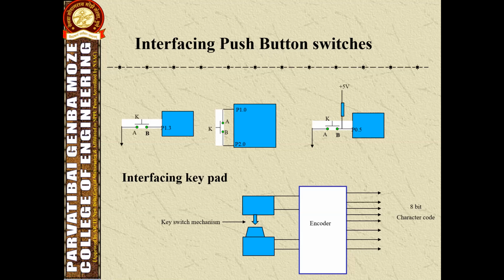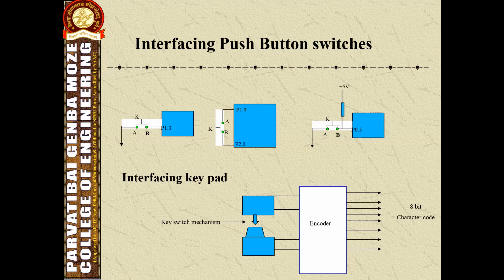Let P1.0 be the scan line and P2.0 the return line. These two lines, between which the push button is connected, provide the status of whether the key is pressed or not.